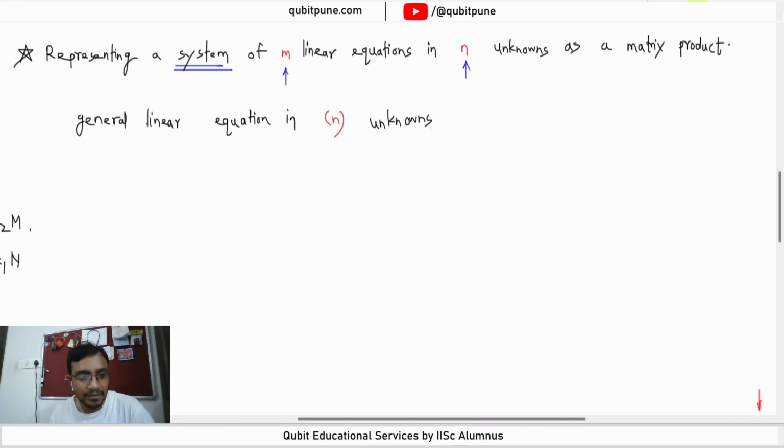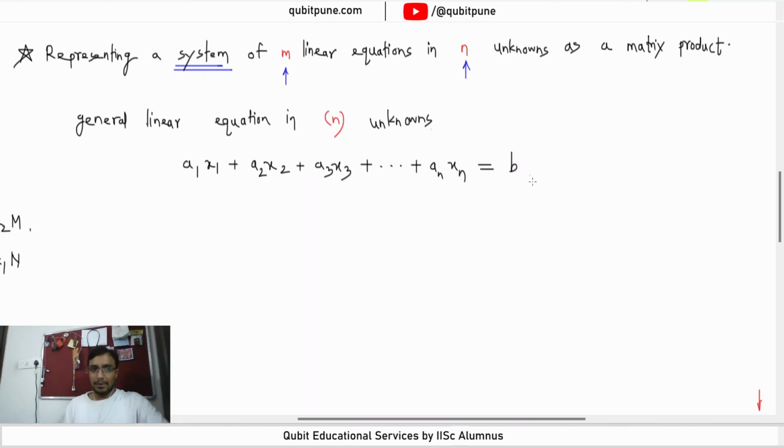The standard form is a1x1 plus a2x2 plus a3x3 so on till anxn is equal to b. This is the general linear equation in n unknowns.